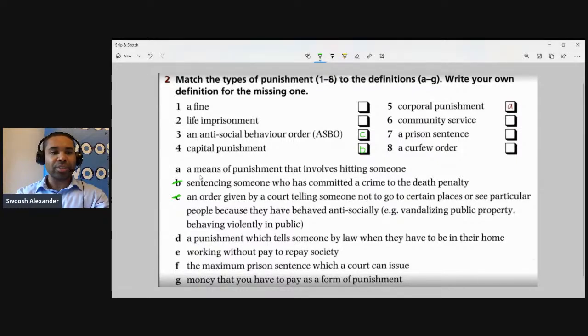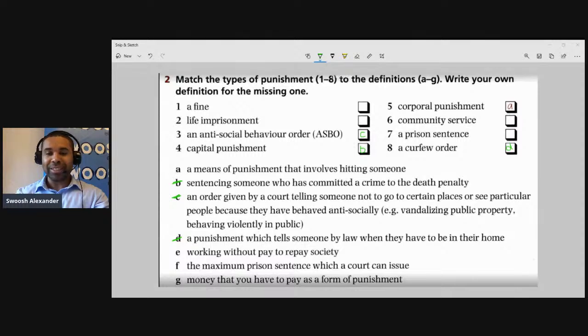The next definition, a punishment which tells someone by law when they have to be in their home. This is a curfew order. If someone has to be at home by a certain time, then they are under curfew. It's worth bearing in mind that curfews are being used by many countries around the world at the moment as a result of coronavirus.